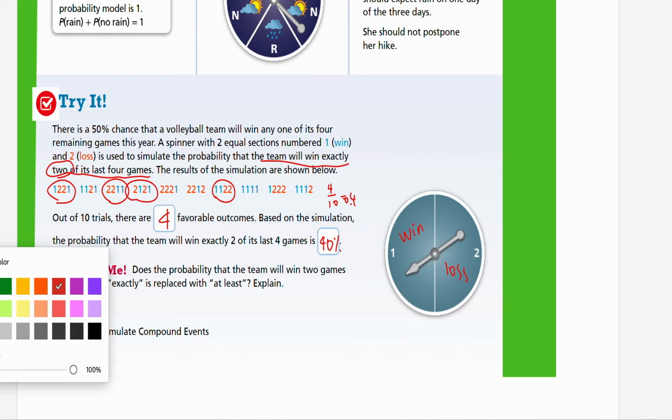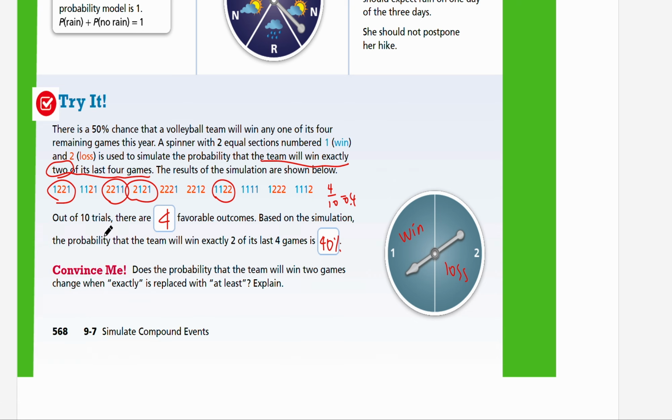Then it would, of course, change, because on top of all of these 4 favorable outcomes, we can also have this and that and that, right? So we have a total of 1, 2, 3, 4, 5, 6, 7 favorable outcomes. So yes, it will change.